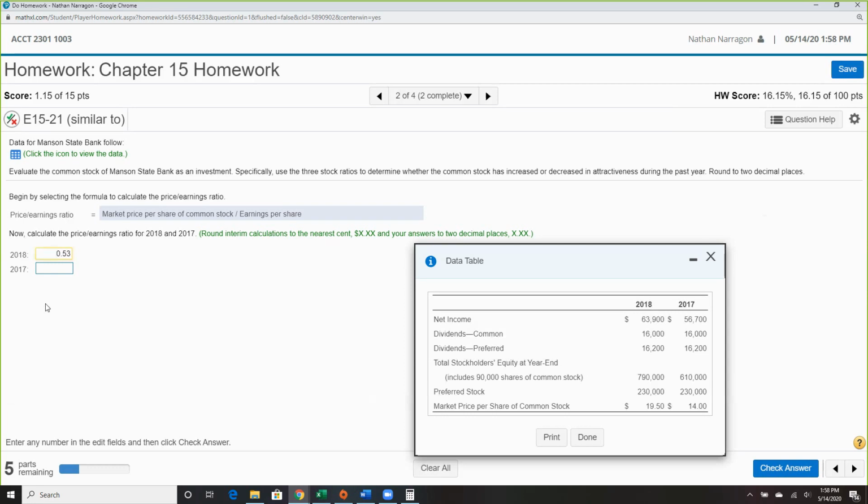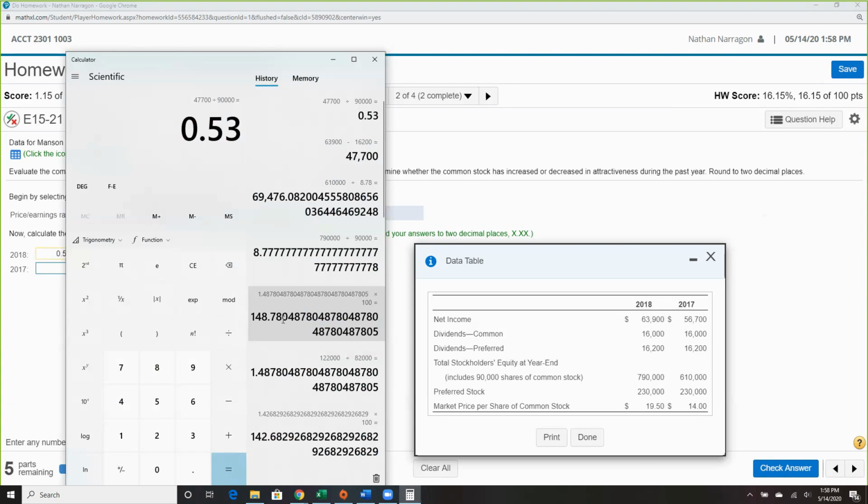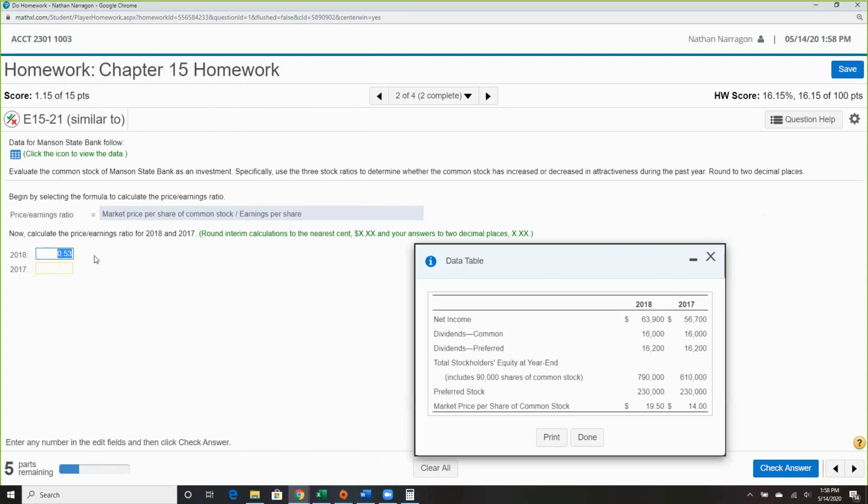Okay, so we're going to have to go pretty much, I want to say 90,000 for 2018, because they don't give us a 2017 item. Oh, that was my bad. I forgot to do the top part. I'm just thinking earnings per share. So we'll take that, 53 cents.